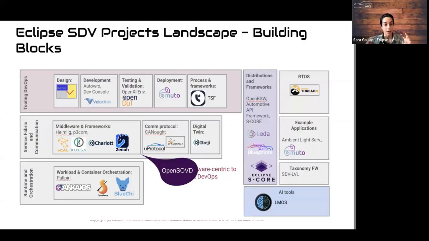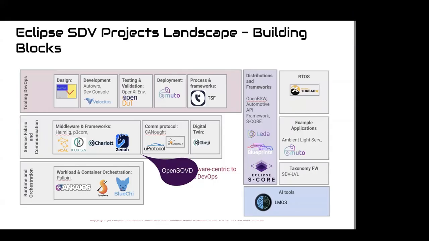All of those are enabled by a list of toolchain and tooling projects, some of them in the testing domain, for instance, but also in processes and frameworks such as the Trustable Software Framework.